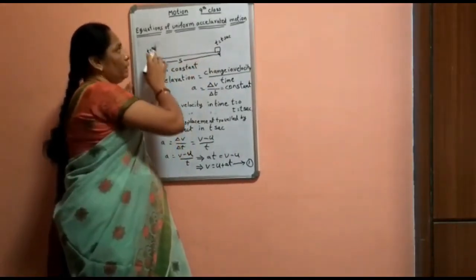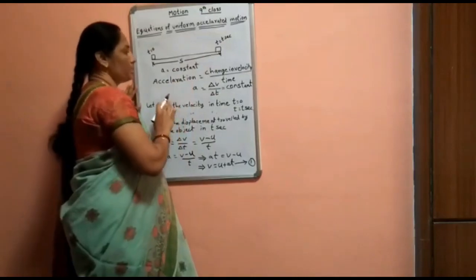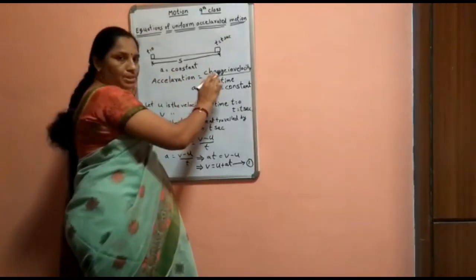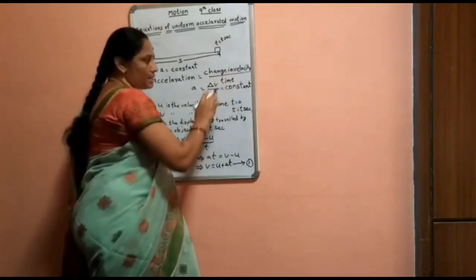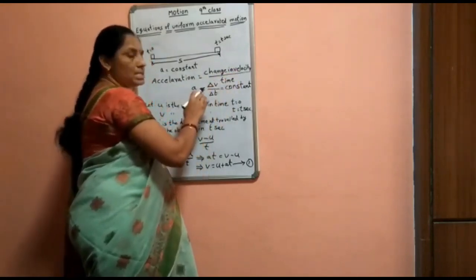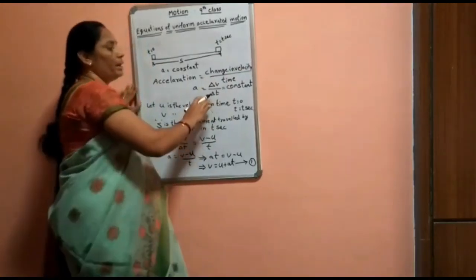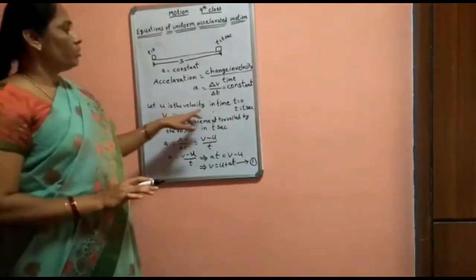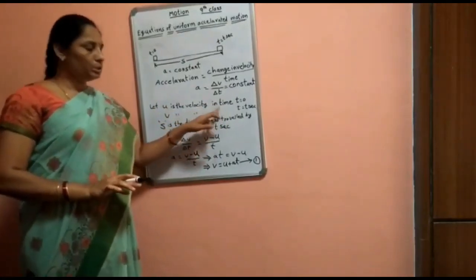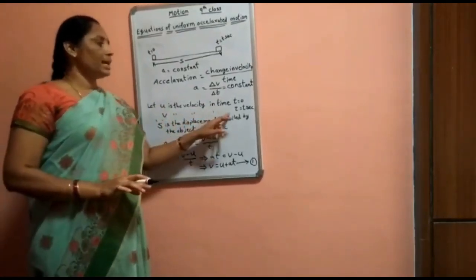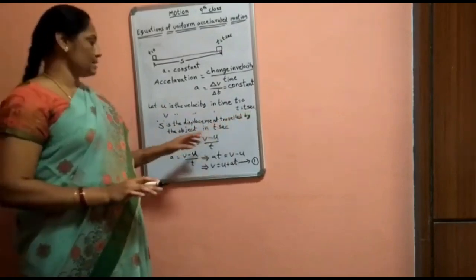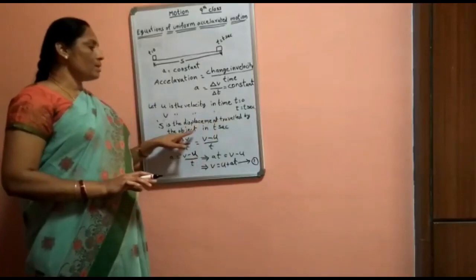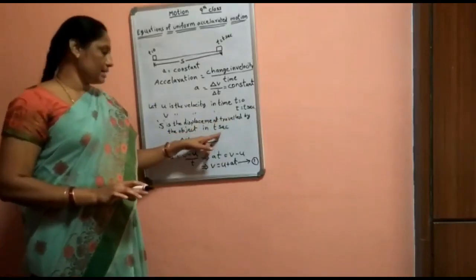Uniform accelerated motion means a is constant, a is equal to delta v by delta t, which is constant. u is the velocity at time t equal to 0, and v is the velocity at time t seconds.